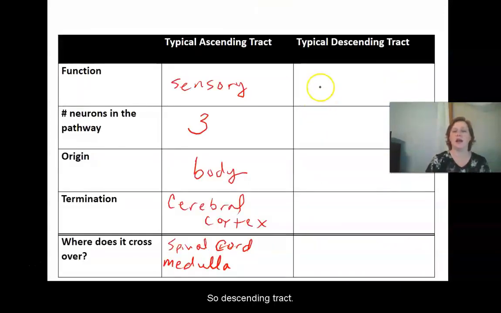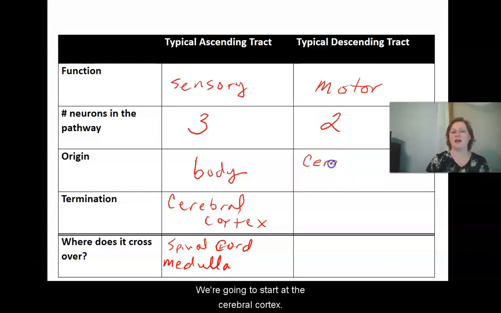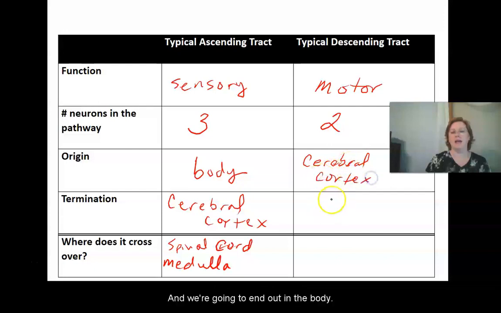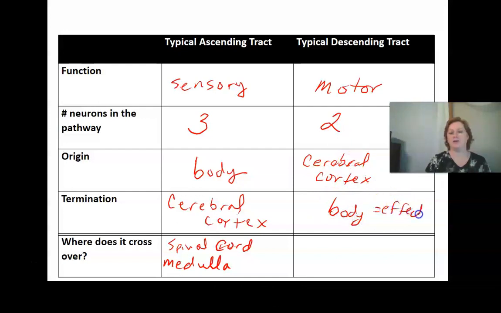So descending tract, function is motor, only 2 neurons now. We're going to start at the cerebral cortex, and we're going to end out in the body, specifically at the effectors, which are muscles or glands.